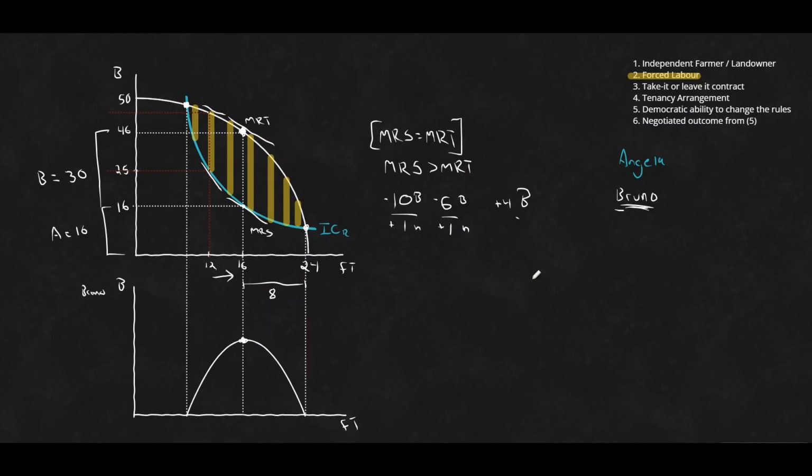That is, she's not forced to work for you, Bruno. She could go somewhere else if she wanted. If that's the case, how does that change things, if at all? Let's go evaluate that. We'll have to clean up, of course, and come back and take a look at the take it or leave it contract.